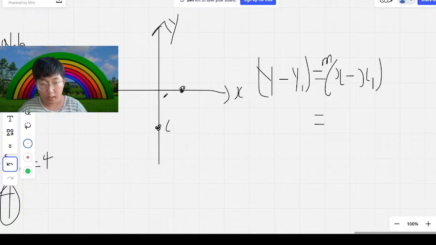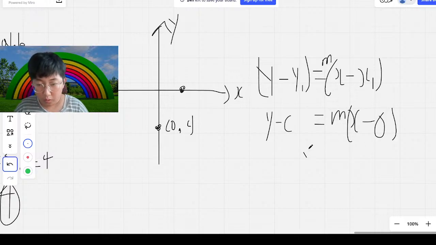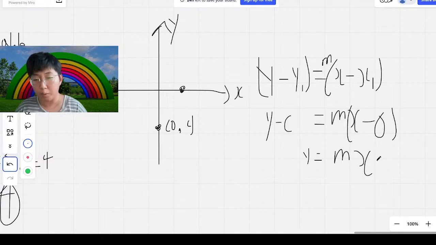Let's say we call it, since x is 0, comma, let's say c. Then what do we get? We get y minus c is equal to m of x minus, since x1 is 0, this is 0. y is therefore m of x, because 0 disappears and then it's mx, and then we add c to both sides, which gives us mx plus c.